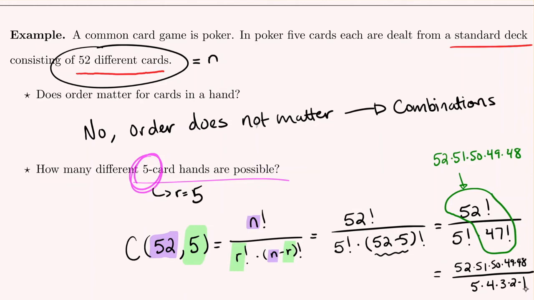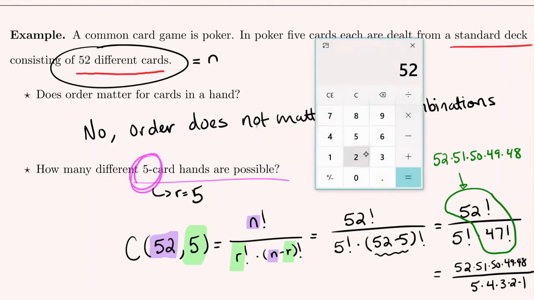So if you know that, you could have just written divided by 120 below. And I think this will be small enough that we can calculate this out. So I have 52 times 51 times 50 times 49 times 48. I'll write that carefully. Divided by 5 times 4 times 3 times 2 times 1, which I know is 120.